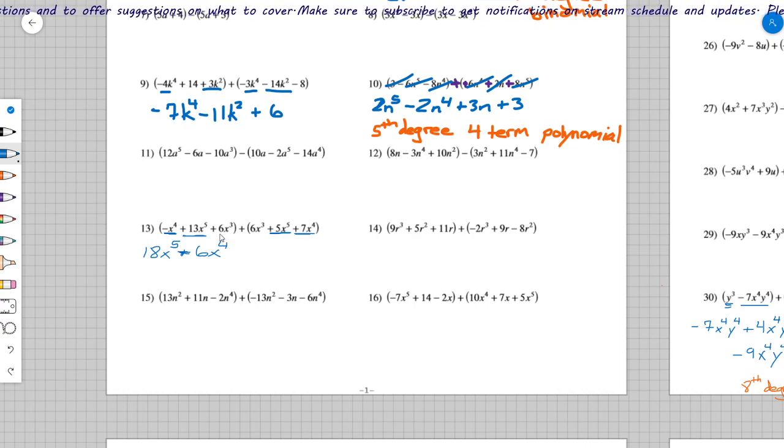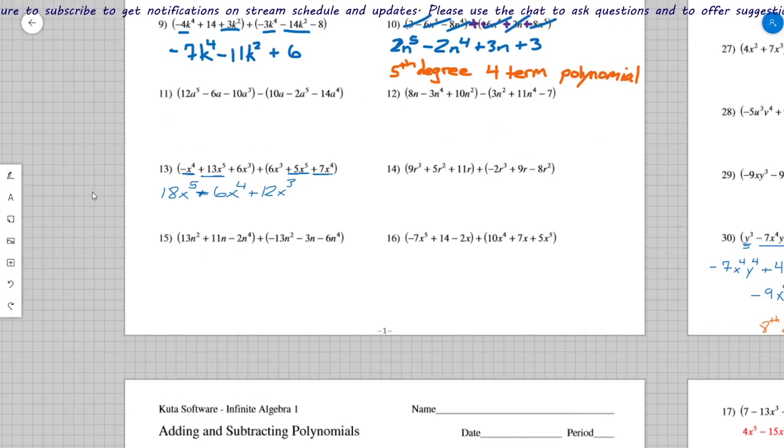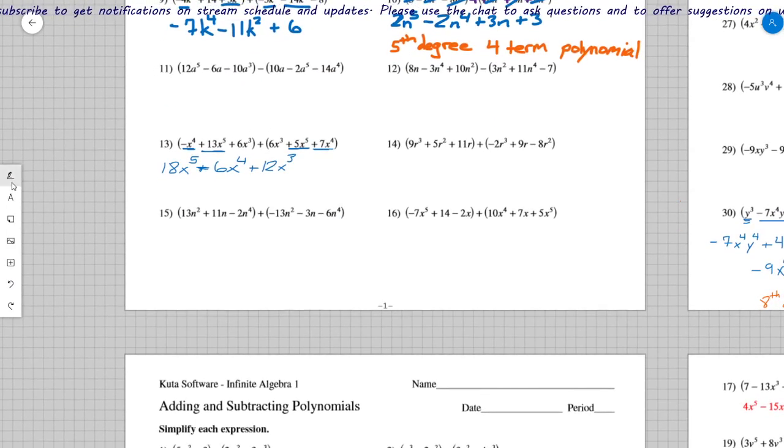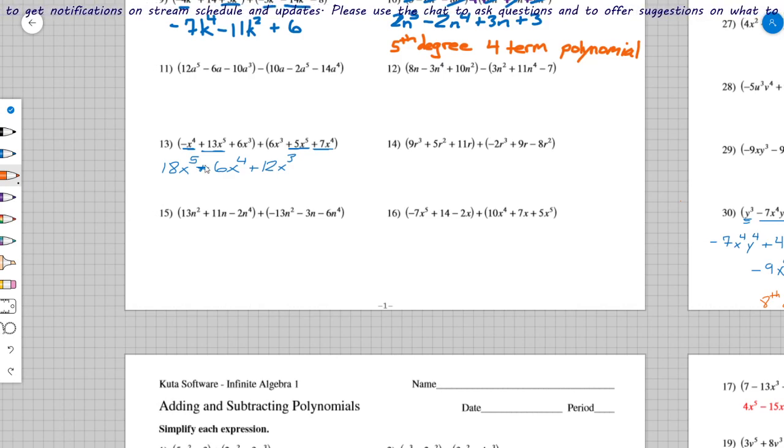And then our last term is going to be 6x to the 3rd plus 6x to the 3rd, which is going to give us 12x to the 3rd. And if I was to label that, going off of our highest degree, our exponent is 5, so that's going to be a 5th degree.